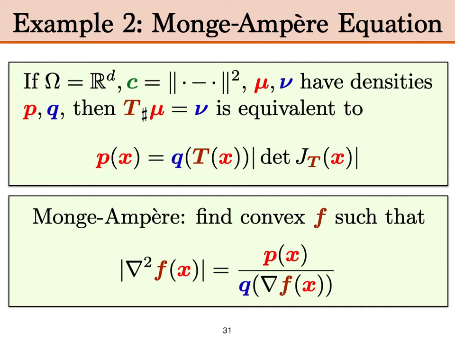And this is simply stated because T here is the gradient of f, so the Jacobian of T is just the Hessian of f. It's simply that the determinant of the Hessian of f is equal to p(x) divided by the density q at the gradient of f at x. So this is the Monge-Ampère equation, and this is what basically brings up a very fascinating link between optimal transport and PDEs.